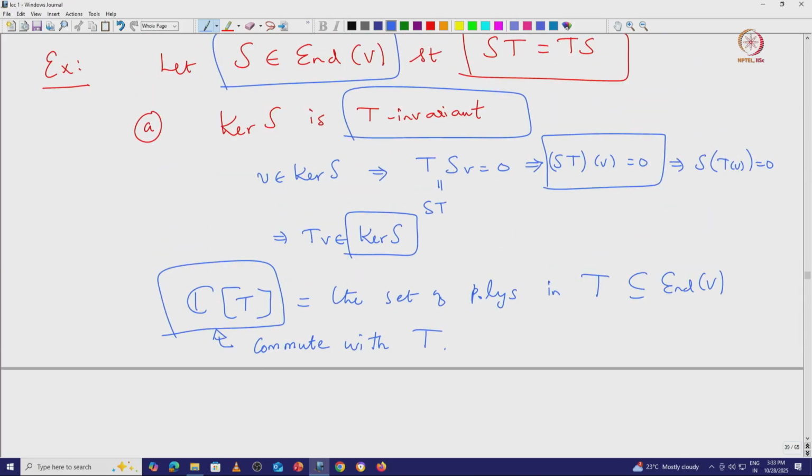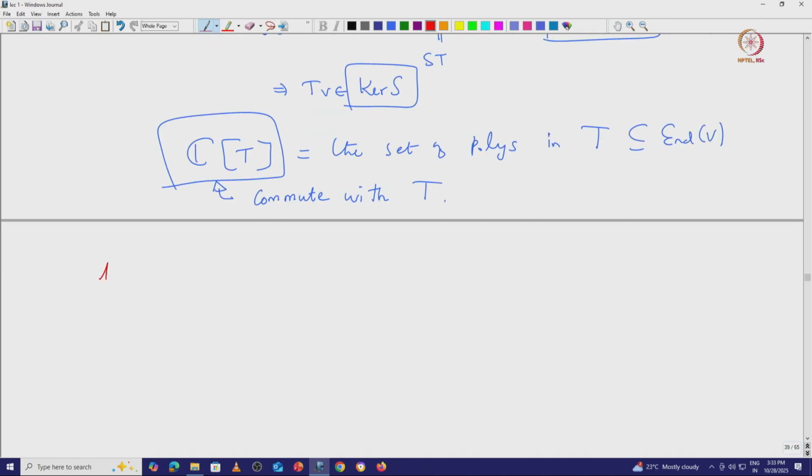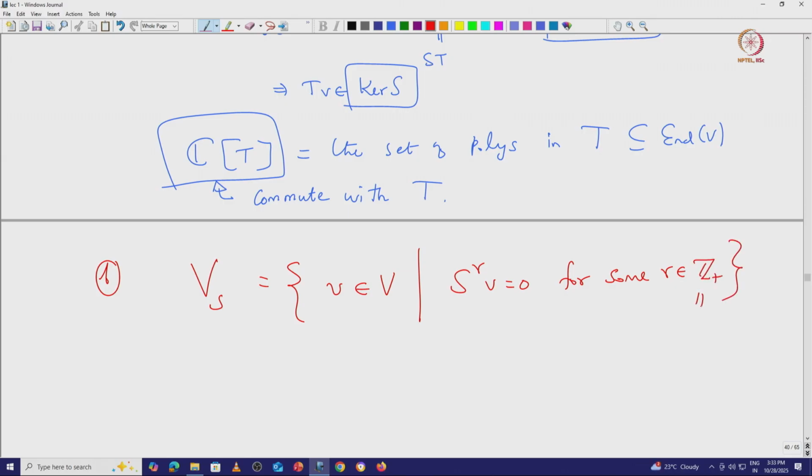We can slightly generalize this. Instead of taking kernel S, one can take the following generalized version of this construction, let us call it V_S. You take all possible vectors which are killed by some power of S, so S^r v is 0 for some r in Z plus, where Z plus is the set of all non-negative integers.